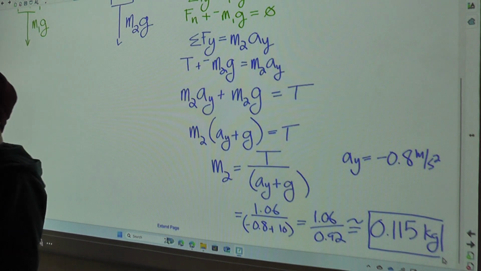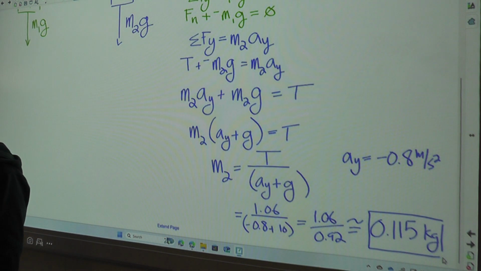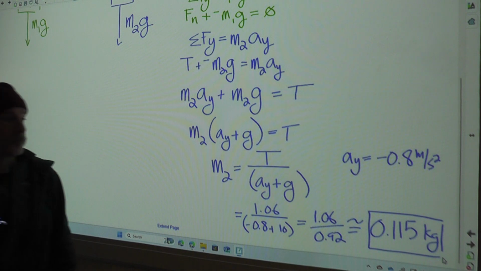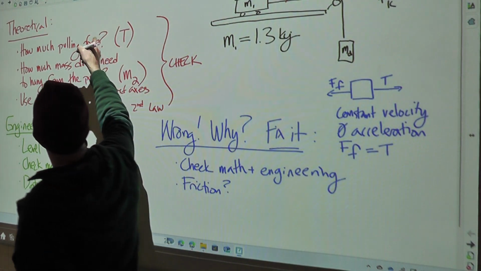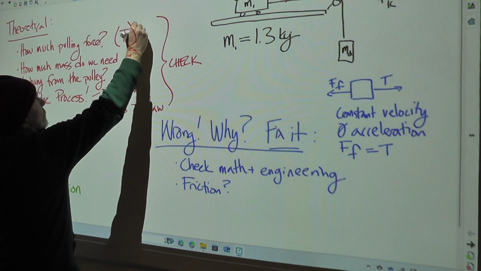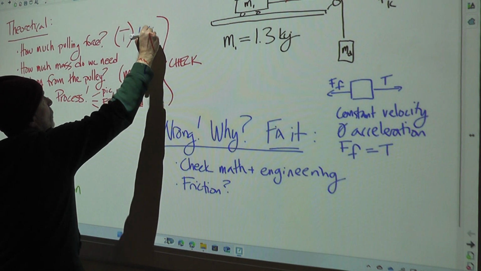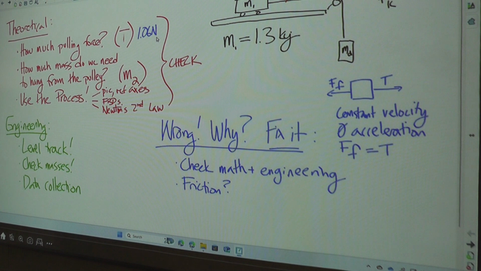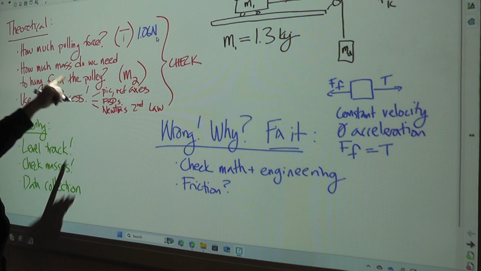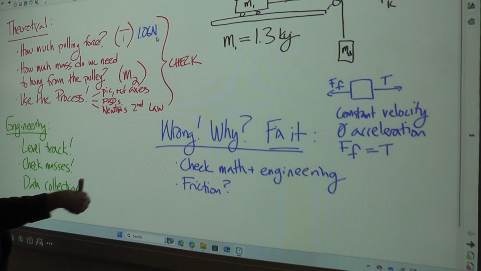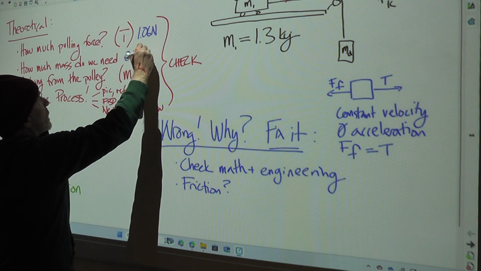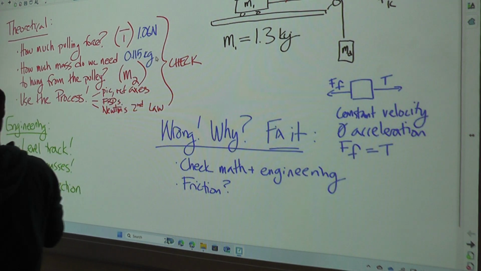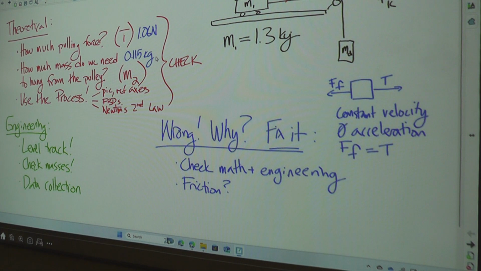So that is all of our theoretical stuff. Our theoretical stuff is how much pulling force do we need? We just figured out it needs to be 1.06 newtons. How much mass do we need hanging off the pulley to get there? About 0.115 kilograms. About 0.12 kilograms. That's 120 grams.